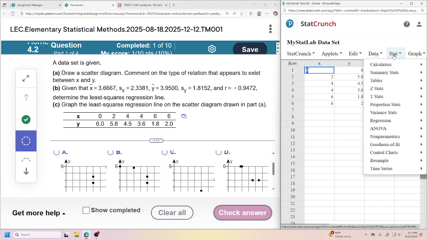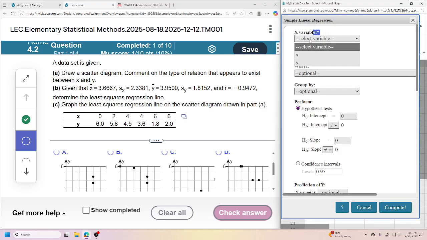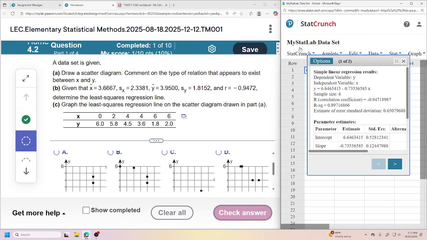Where do we go now? Not this time. Regression, and then simple linear, always simple linear. X with X, Y with Y. And hit compute.